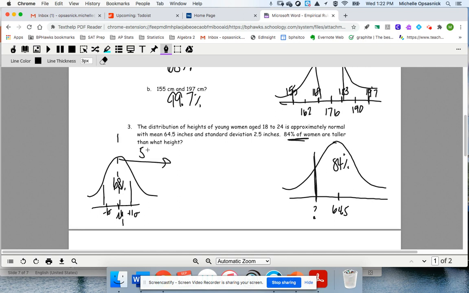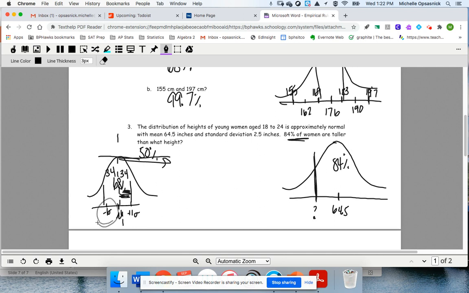There's 50% to the right of the mean. With this 68% here, we've already accounted for this side on the right. So that is half of the 68, or 34%. So there's another 34% over here. So 50% to the right of the mean plus that 34% is going to take me up to that 84%.